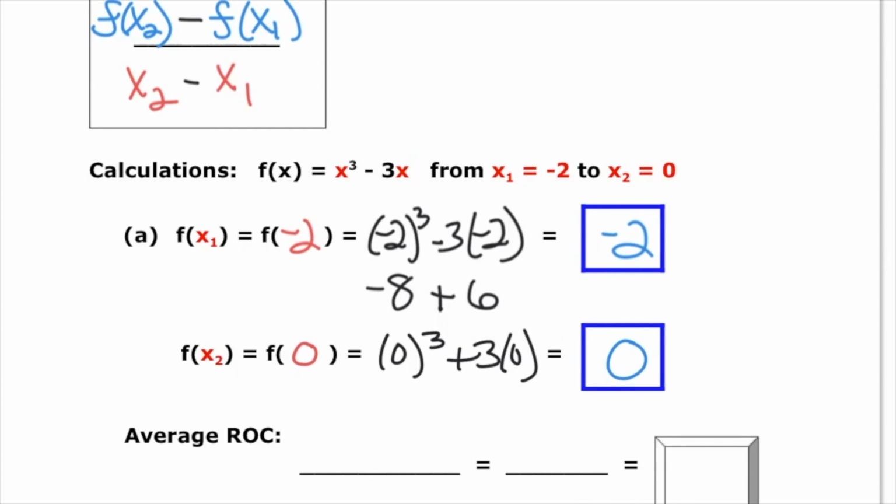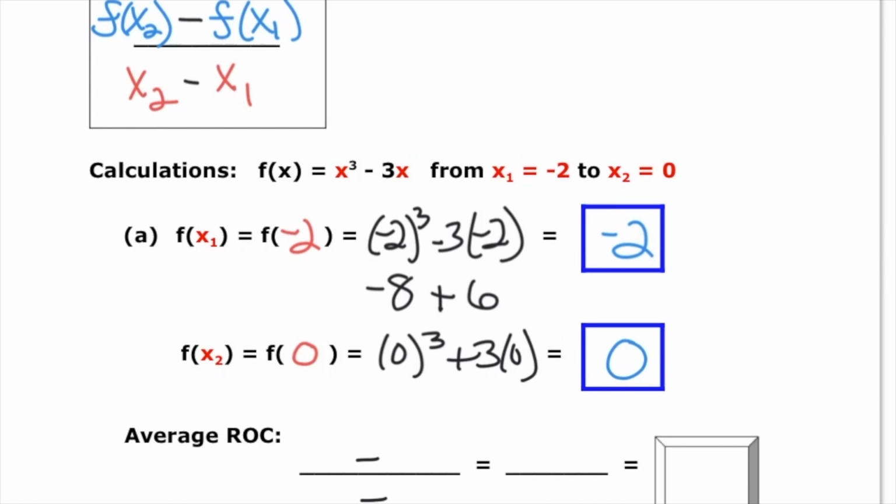Okay, so now that we have all of those moving pieces, remember, we want to go back to our formula and plug in our blue numbers, our y's at the top here in the numerator, and our x's, our red numbers, in the denominator. So this is what we're going to get. Average rate of change. We'll go ahead and put the subtract signs in there right now.